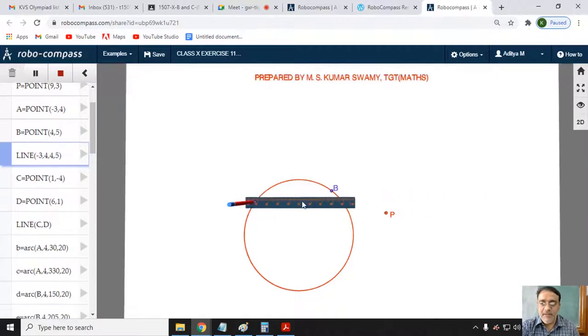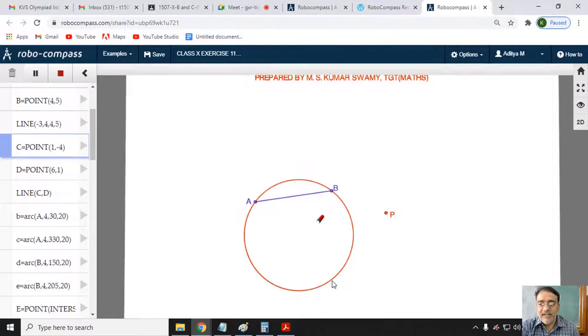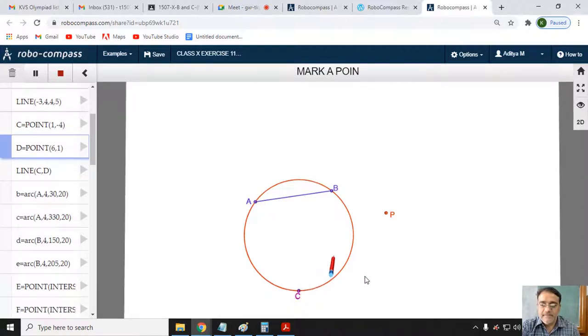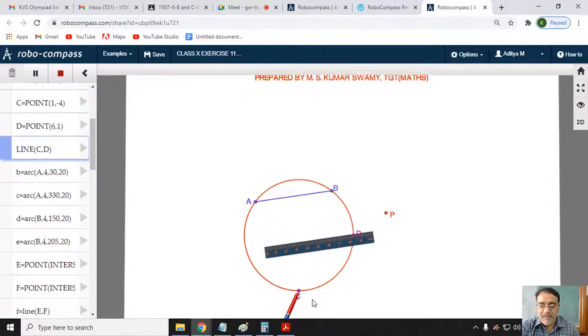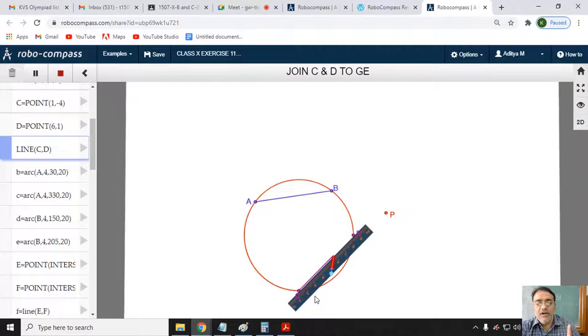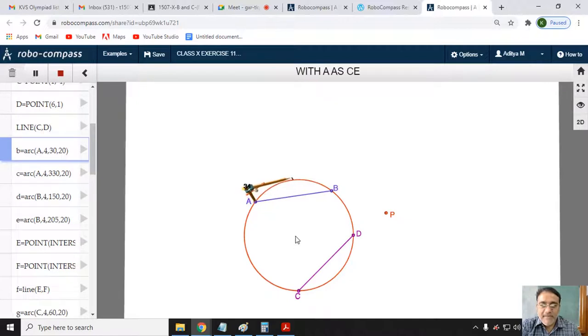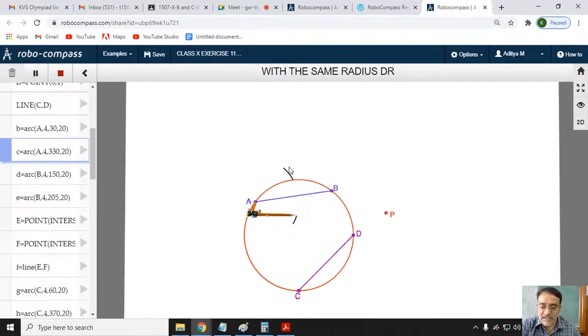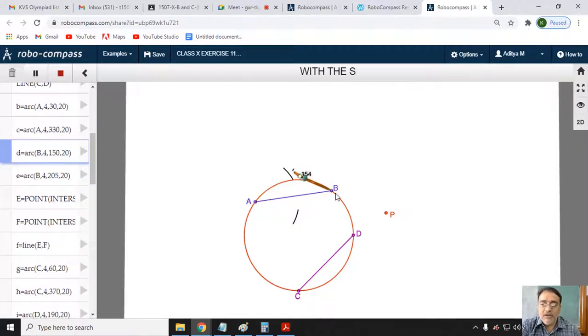Two chords: AB is one chord, and we'll take another chord CD. Now we'll join CD. After that we have to draw the perpendicular bisector of AB and CD. First AB: with center A, draw an arc of radius more than half of AB on both sides, and with center B and the same radius, draw arcs on both sides.